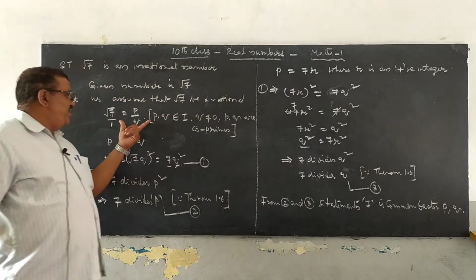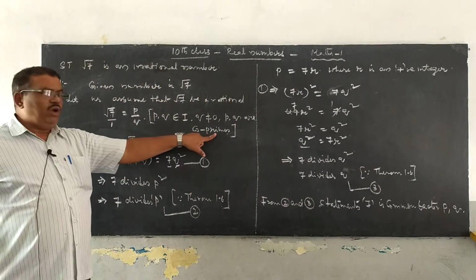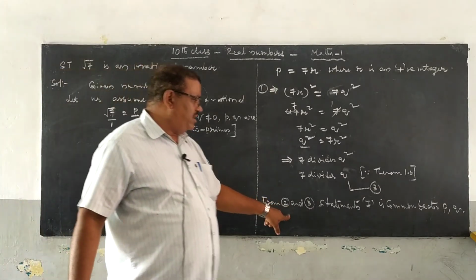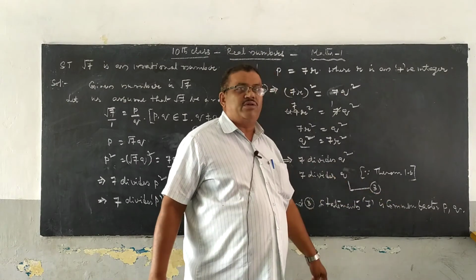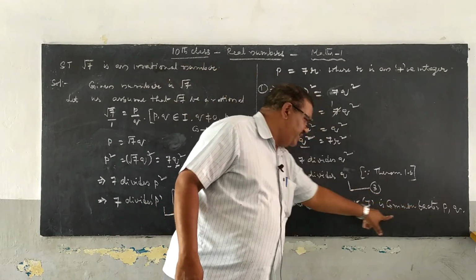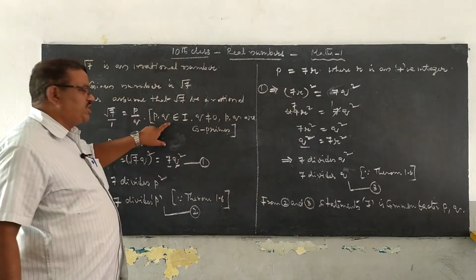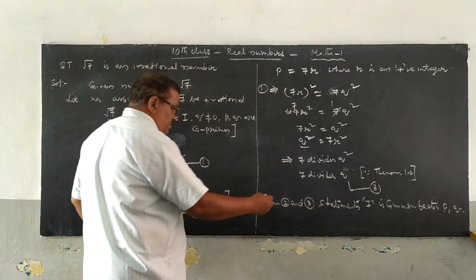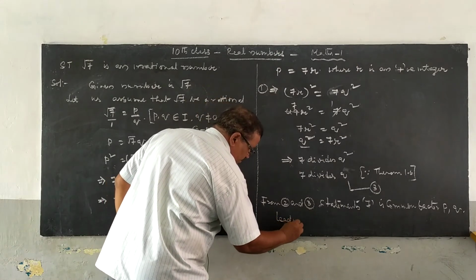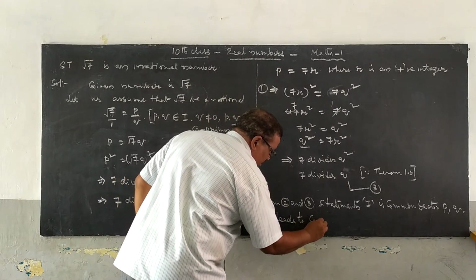Here, according to the definition, p, q are co-primes, but from these two statements, 7 is a common factor of p and q. So this leads to a contradiction to the definition.